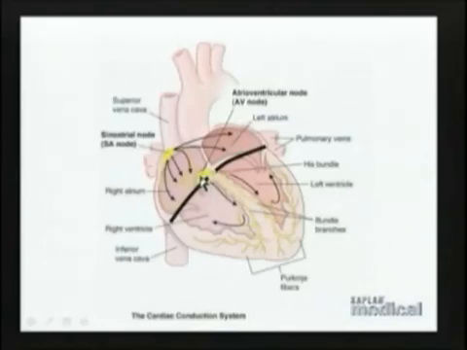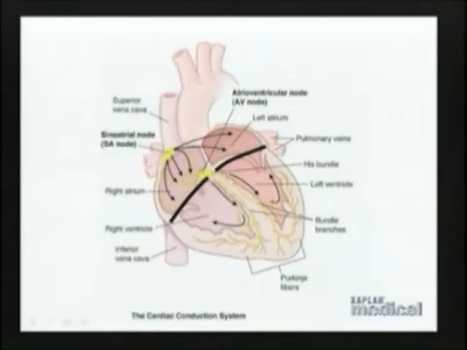The first is that the only electrical pathway into the AV bundle is through the AV node. The only way an impulse gets into the AV bundle is through the AV node. And the second point is that the AV node, what makes those cells special, is that they slow down the velocity of the propagation of the depolarization. That is to say, the depolarization passes through the AV node more slowly than it passes through any other cardiac muscle.